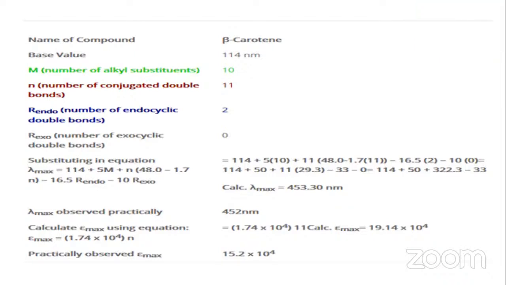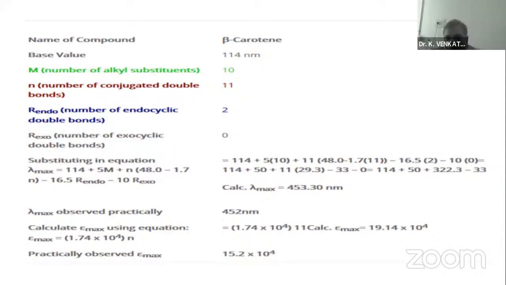Sir, why have we multiplied 1.7 with 11? It is common. First I subtracted 1.7 from 48, then I multiplied by N, the number.